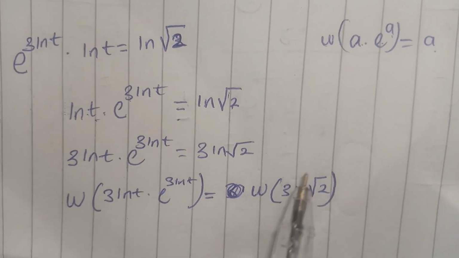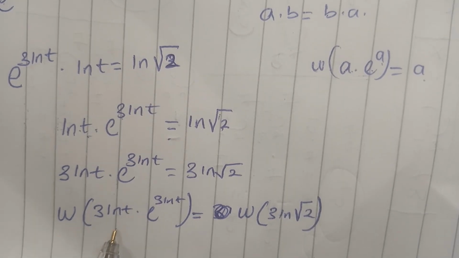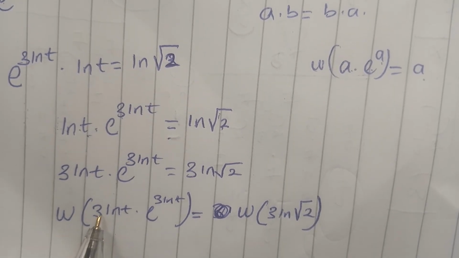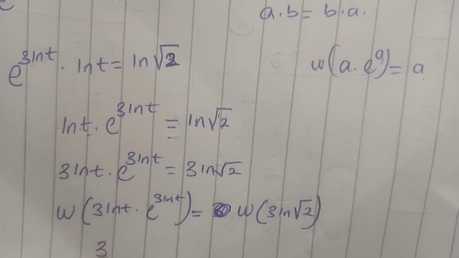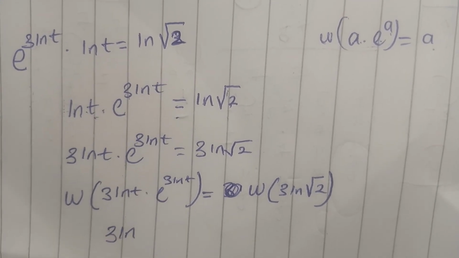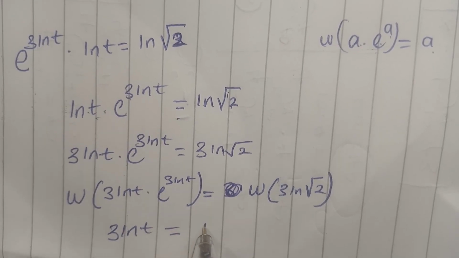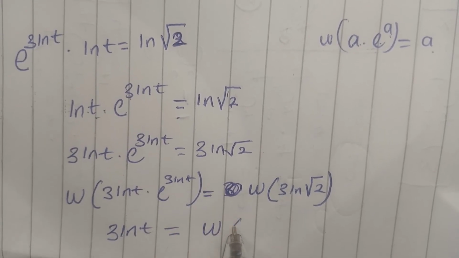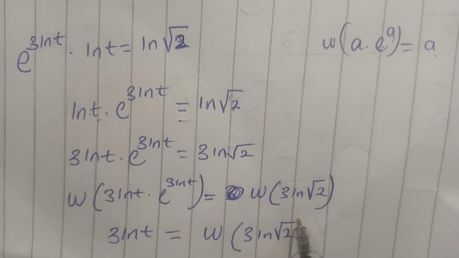So if we use this rule here, we are likely going to have 3 ln of t, okay, ln of t is equals to Lambda doublet function into 3 ln of root 2.